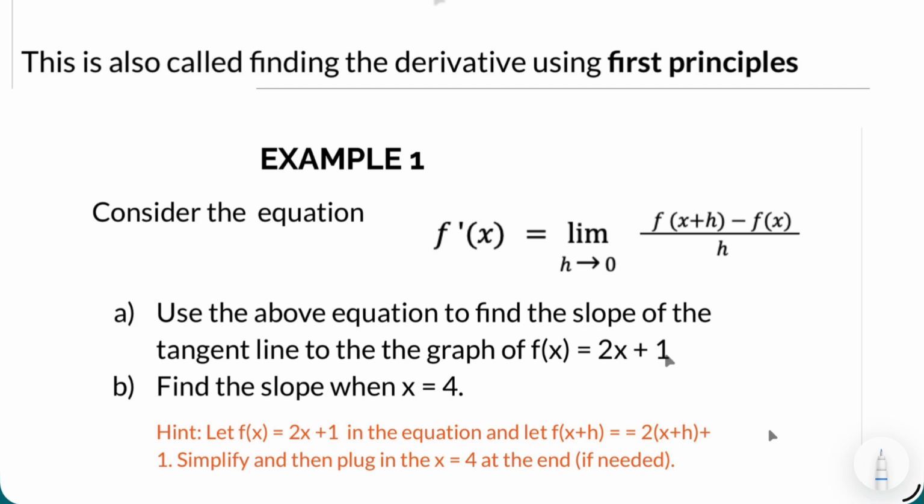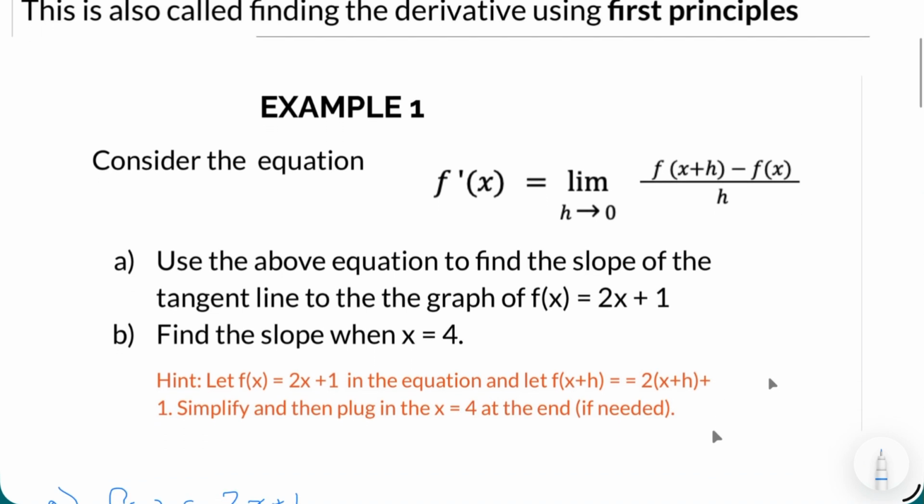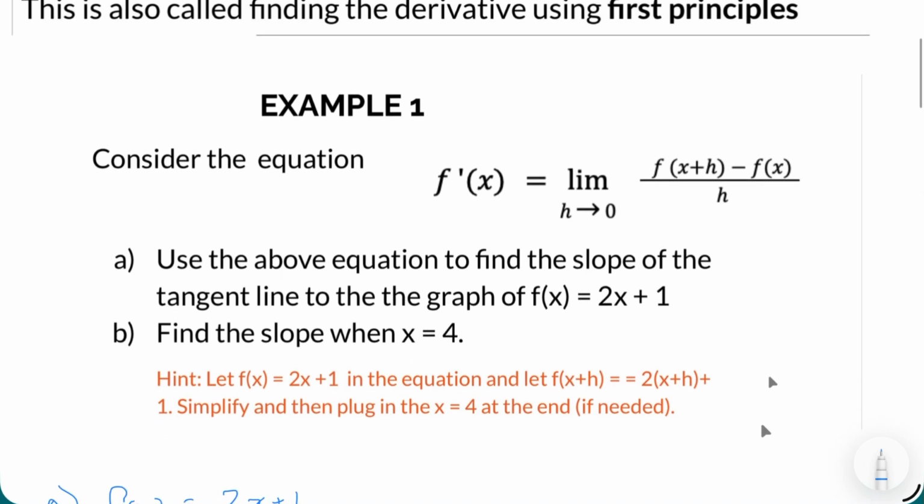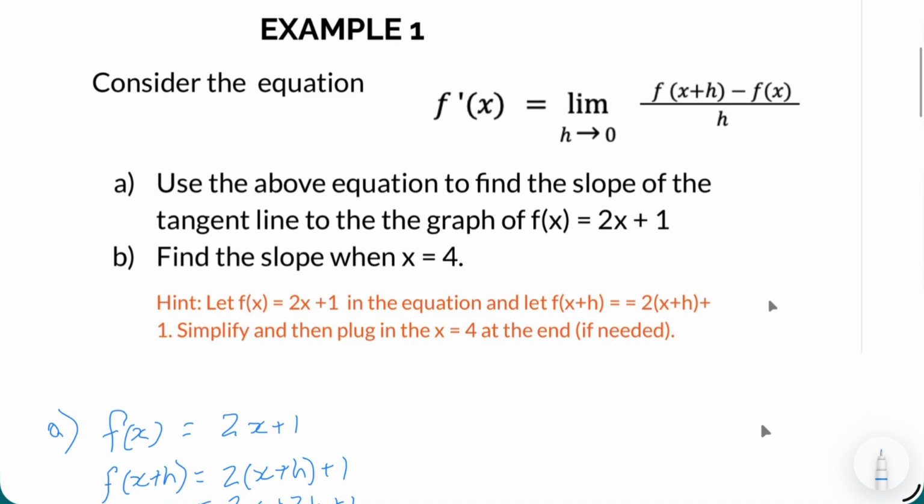Don't put an x plus h if you only see a number, just where you see the x. Then simplify it, and at the end for part B, you plug in x equals 4 if needed. Not all the time it will be needed, but in many instances, it will be needed for you to do another plug-in. Okay, so let's look at part A.